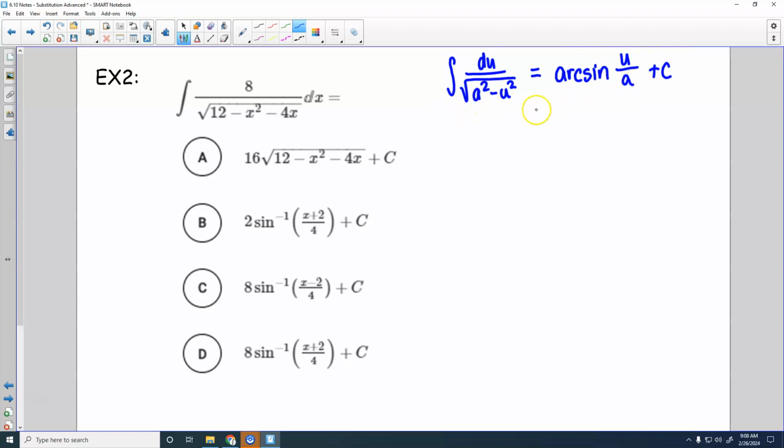In this formula, a is a constant and u is some sort of variable expression. It might just be an x, but it can be 2x plus 4, or x minus 7, or something like that. So I don't have that right now.